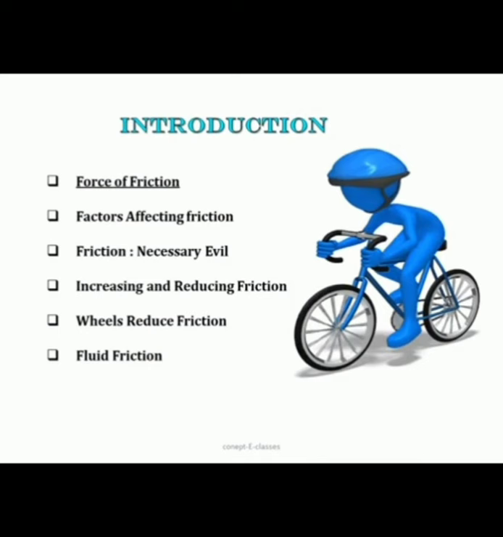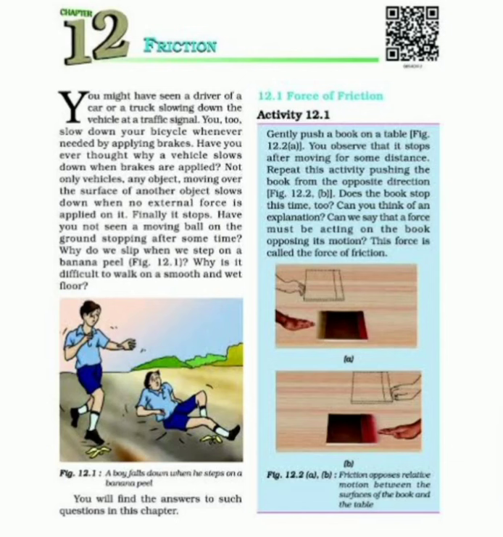Okay children, see the picture, listen. Now friction: you see the driver of a car or truck slowing down the vehicle at the traffic signal. You too slow down your bicycle whenever needed by applying brakes.